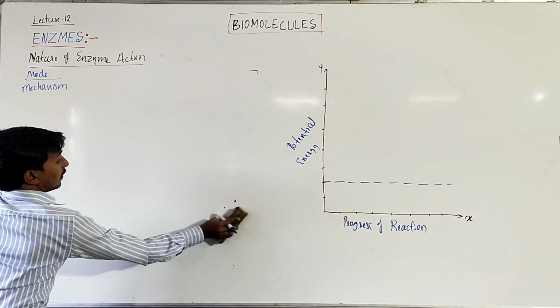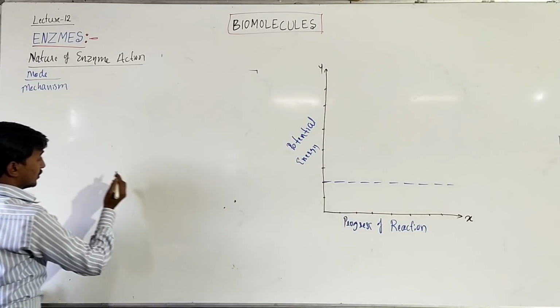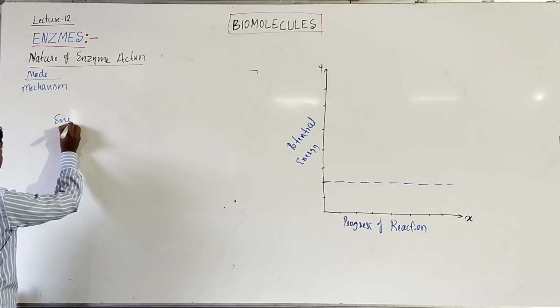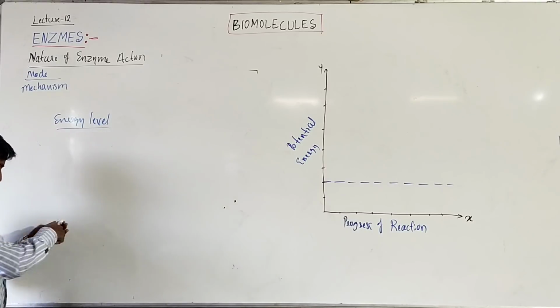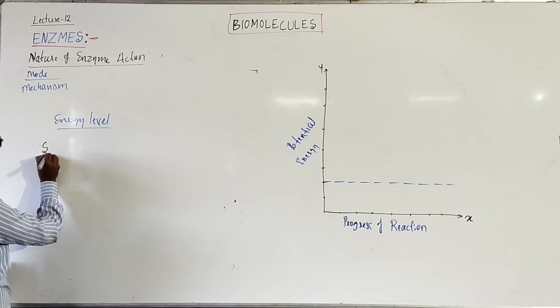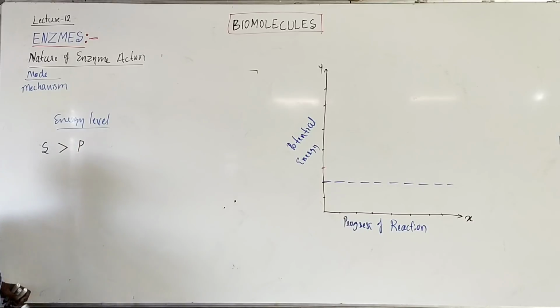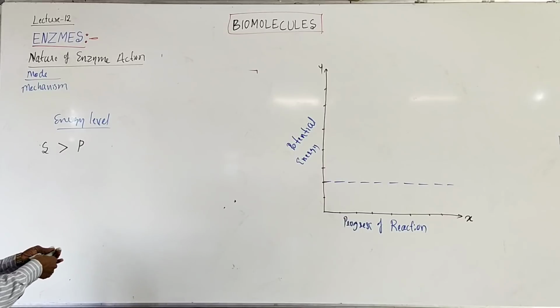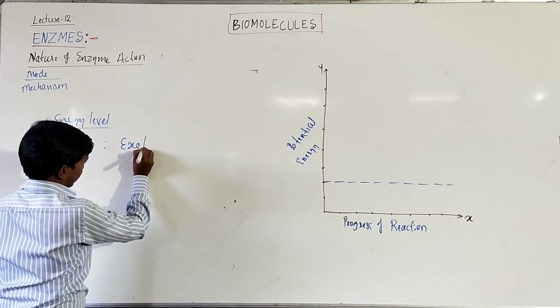So when we say the energy level or the potential energy level, when the energy level of the substrate is higher than the energy level of the product, then the reaction is an exothermic reaction.